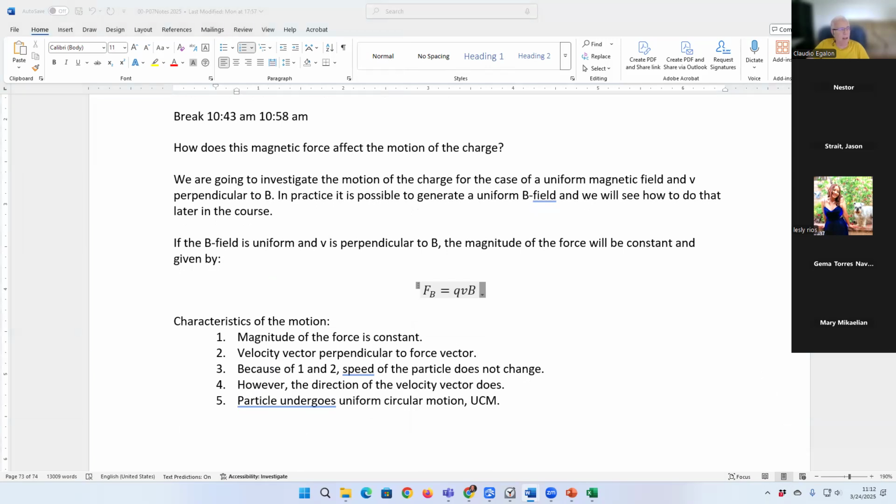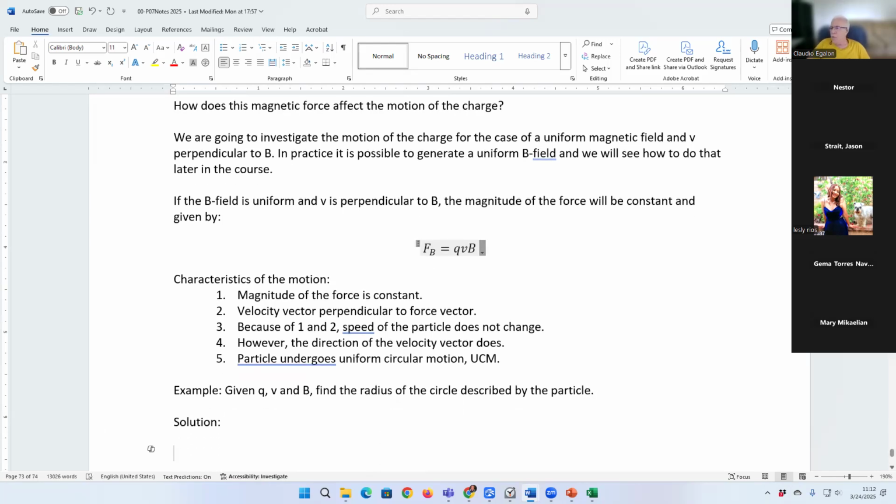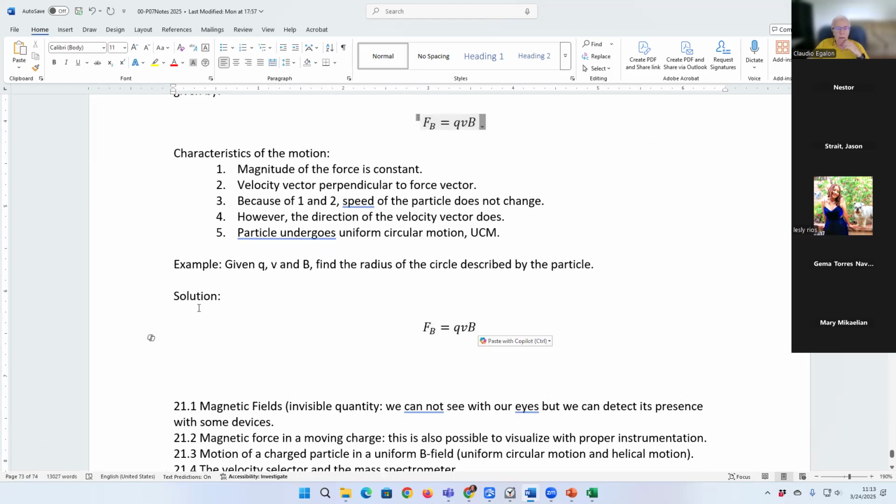And we can play a little bit with that. So let's say we can, for instance, find the radius of this circle. Let's do that. Example.